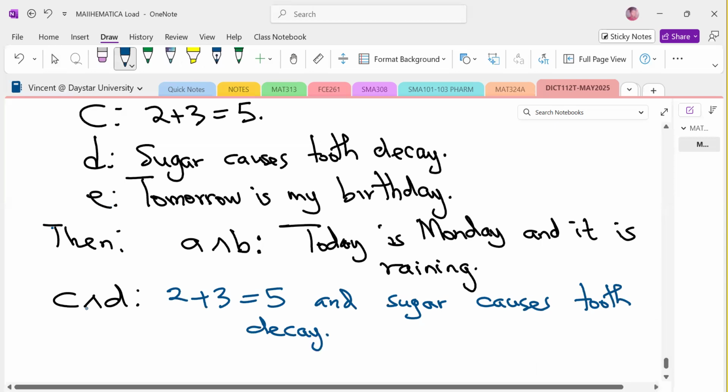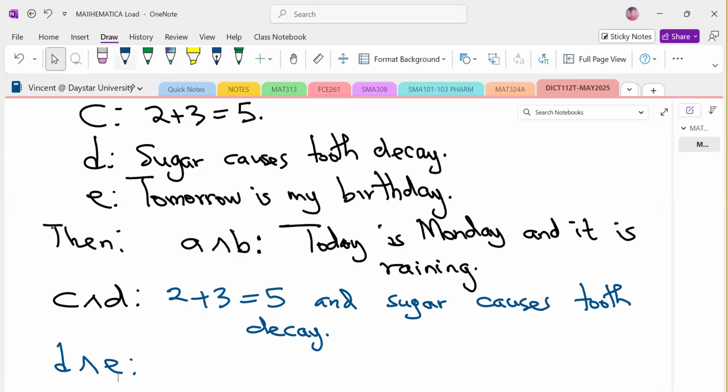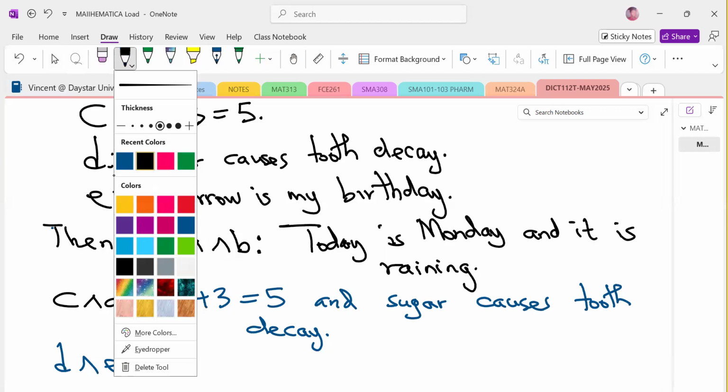Good. And then what would be the meaning of this statement? Perfect. Sugar causes tooth decay.